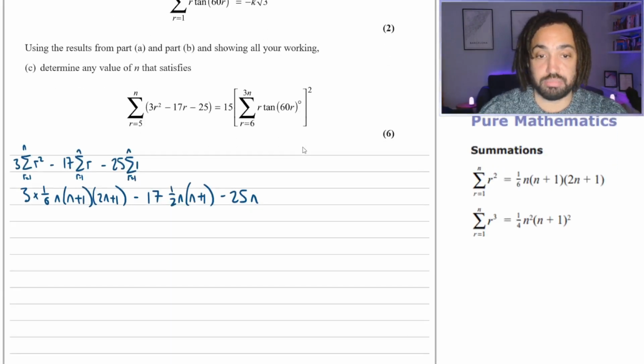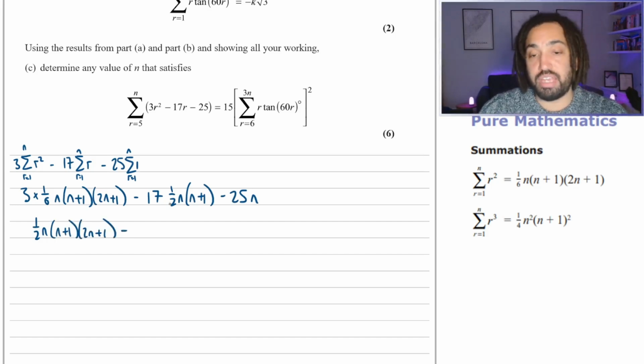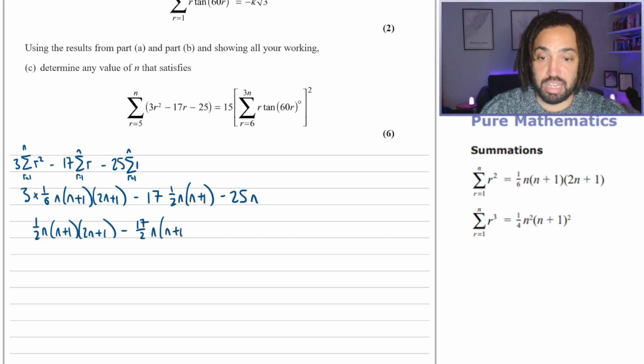Okay, got it. Right, so 3 lots of a 6 is a half n, and then we have n plus 1, 2n plus 1, and over here we have 17 lots of a half n plus 1 minus 25n.